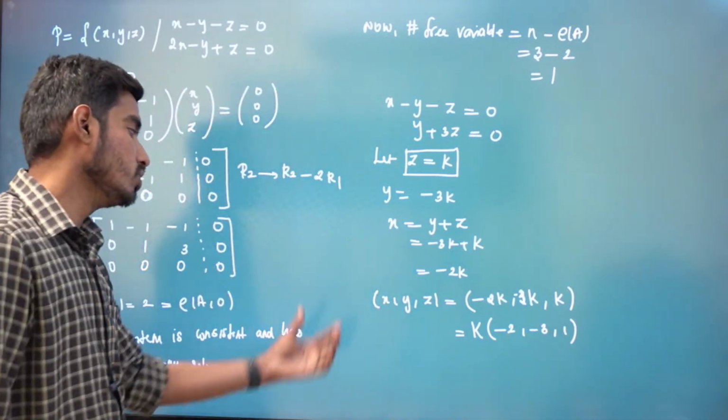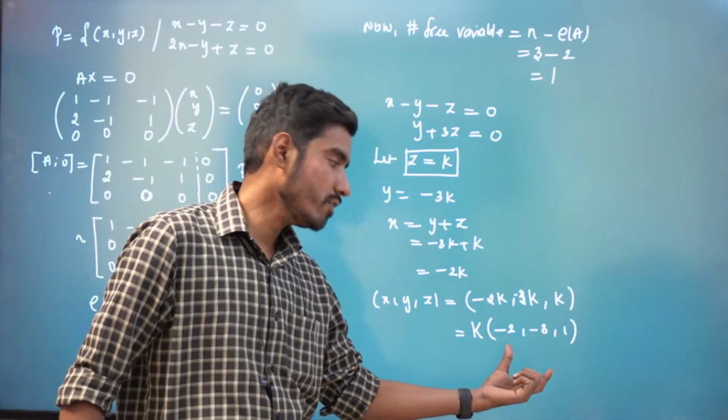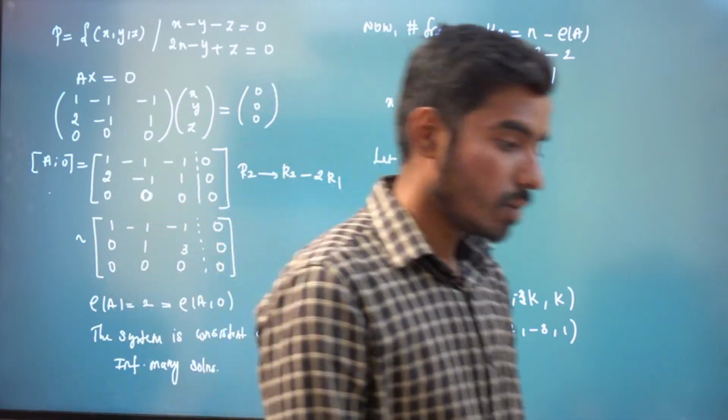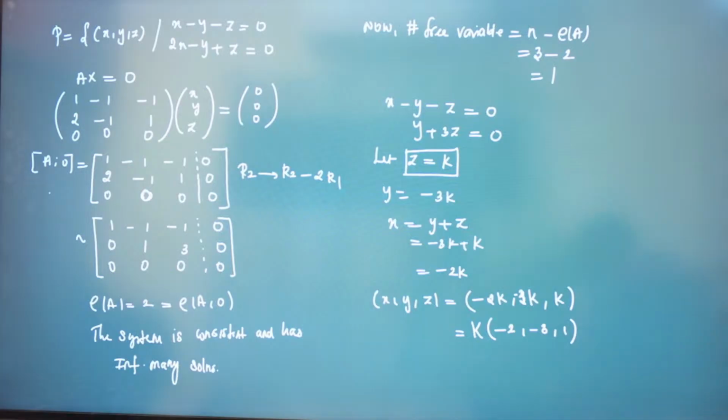So you can see our solution space is spanned by one vector, which is (minus 2, minus 3, 1).